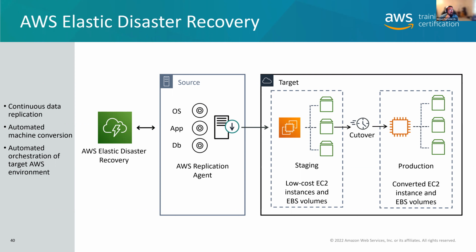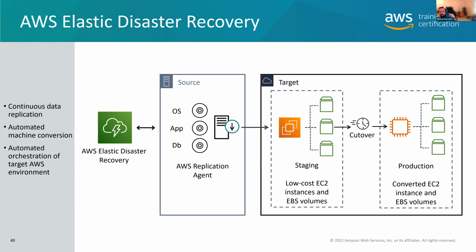When you need to cut over, it will stop the replication, reboot the systems with new sizes, staging becomes production, and it will size the boxes for what is appropriate based on what it saw over in the data center.